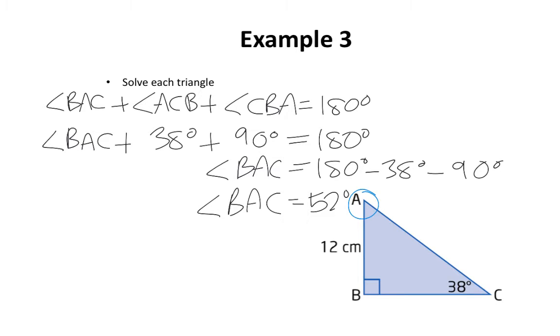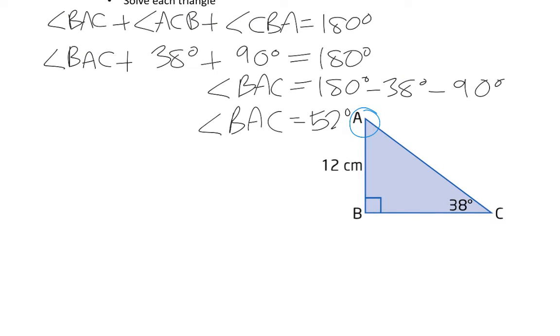So let's take a look at what information we have currently. Well, I have an angle, 38 degrees, over here. This would be the hypotenuse relative to that angle. This would be the adjacent side relative to that angle, and this would be the opposite side relative to that angle. Let's try and figure out the hypotenuse using the sine ratio.